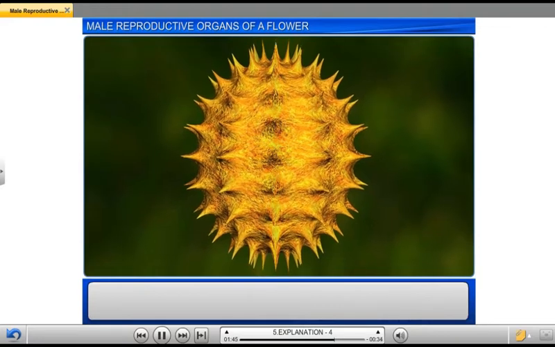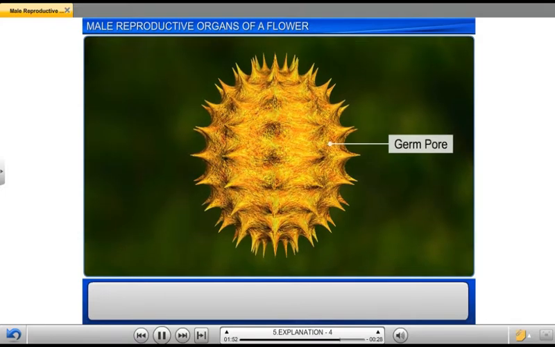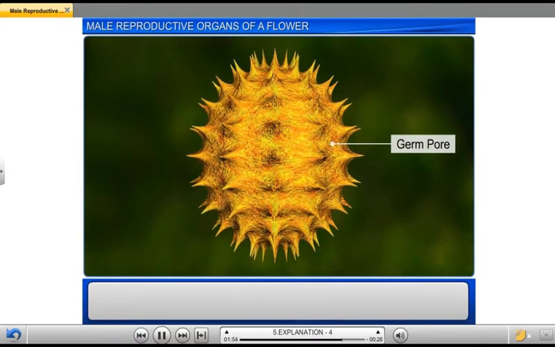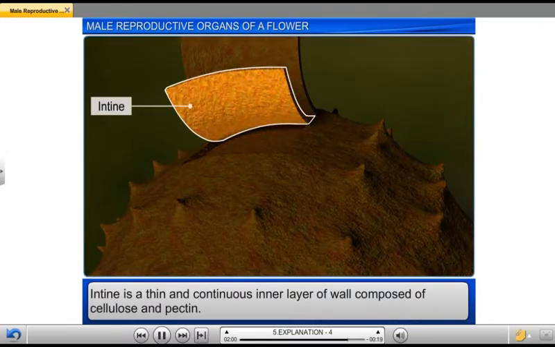However, sporopollenin is not present in the germ pore, an aperture present in the exine through which we see the germination of the pollen tube. Intine, on the other hand, is a thin and continuous inner layer of wall composed of cellulose and pectin.